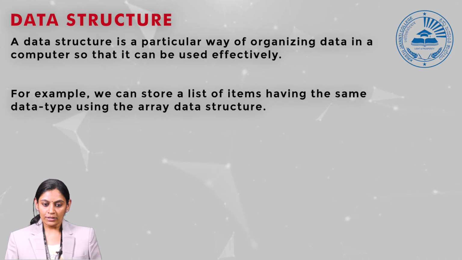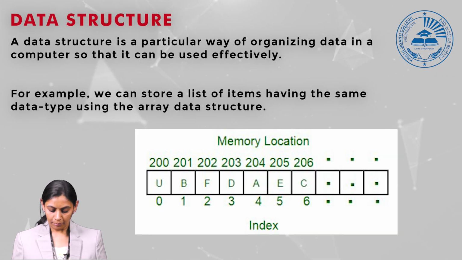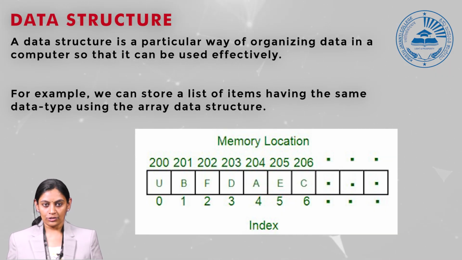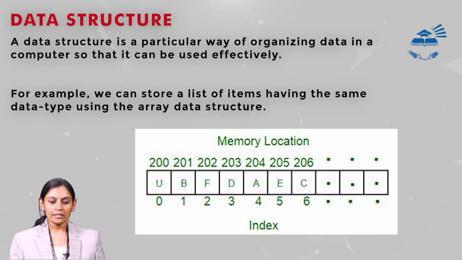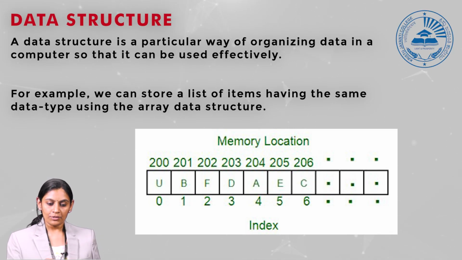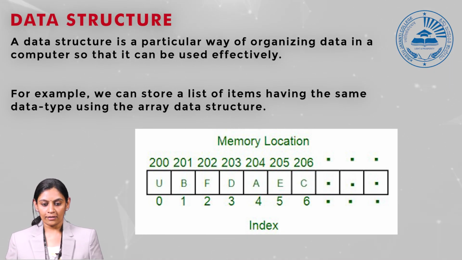So basically data structures are, as I've already mentioned, organized data plus what all operations we can perform on the data structure. You can see an example here where I have mentioned a small linear array where I'm storing characters, and you can see the memory locations mentioned on top, and the indexes are also mentioned.